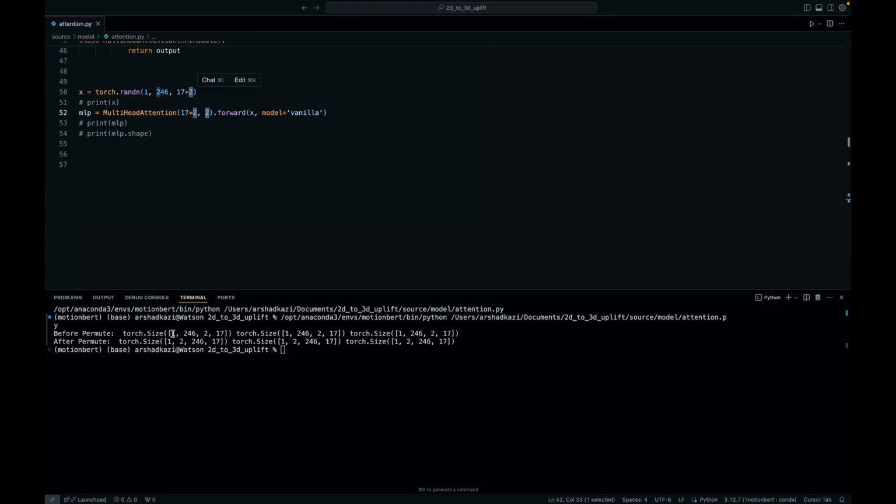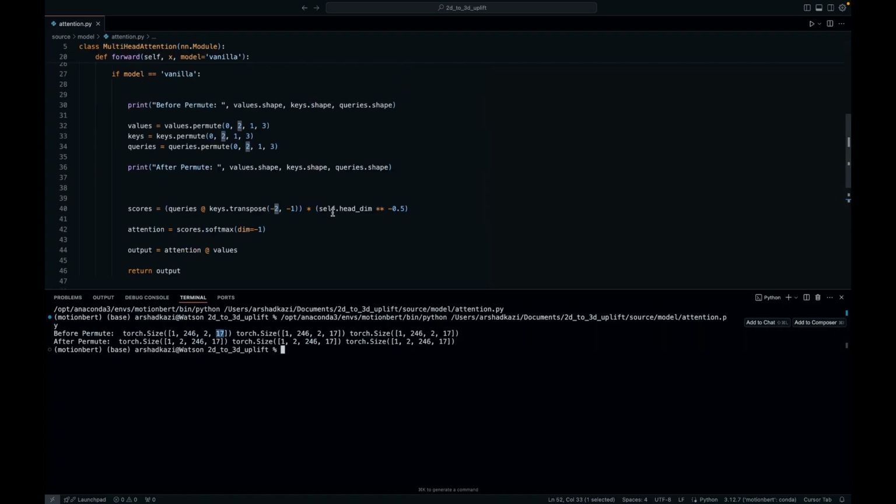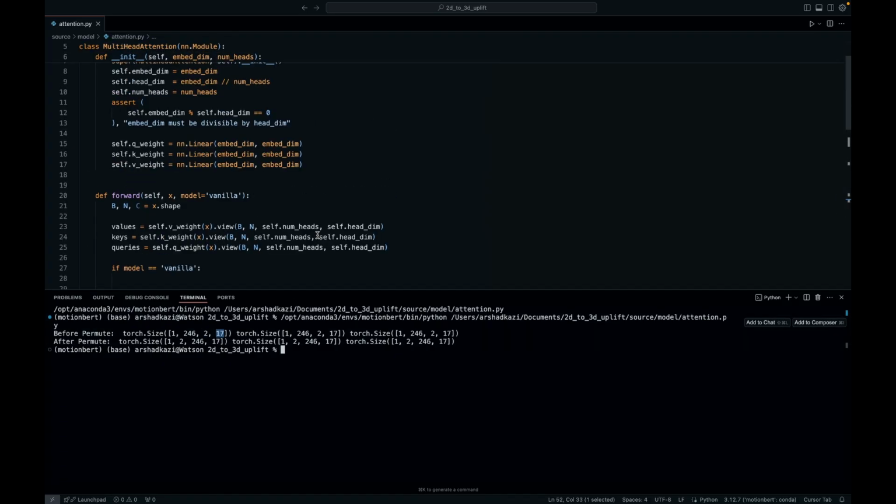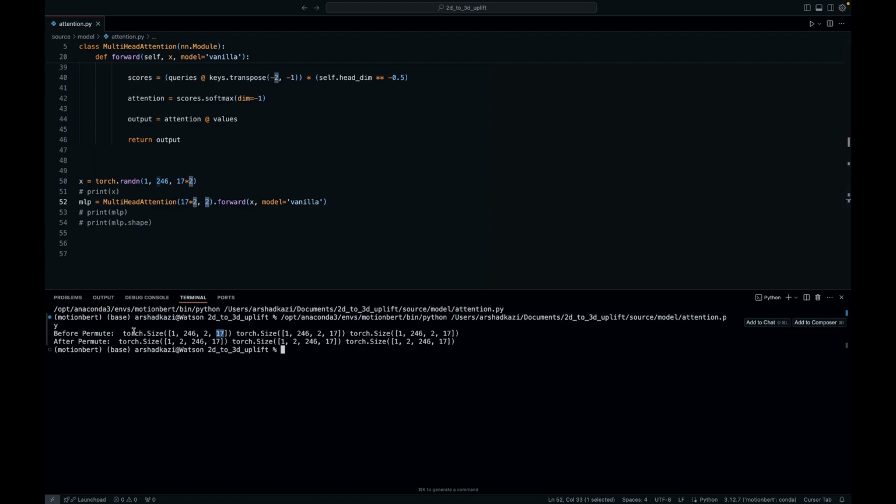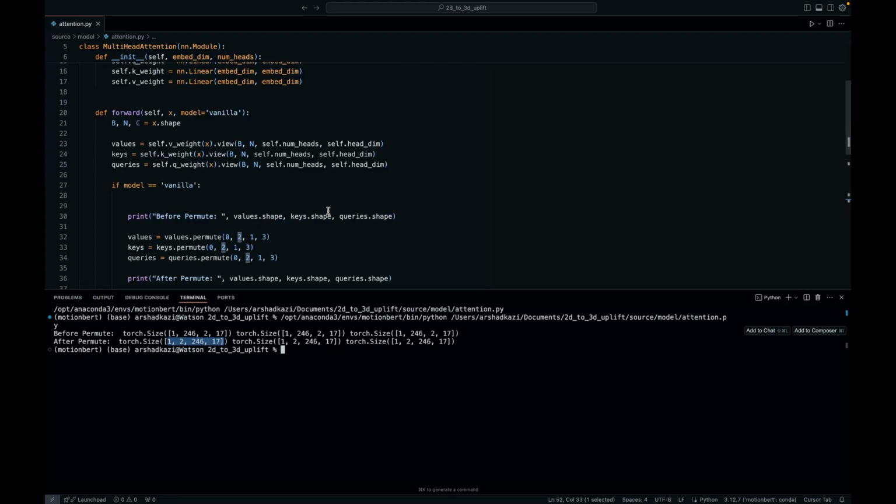So this is 1, the batch size, this is the length, the number of heads is 2, then 17 is the head dimension. And then we are permuting it, so this one will come here and this will be permuted. So these are the dimensions that I have after that.